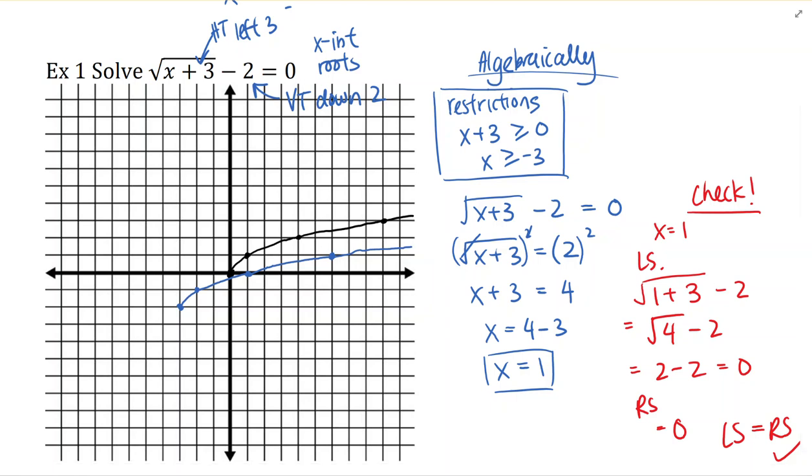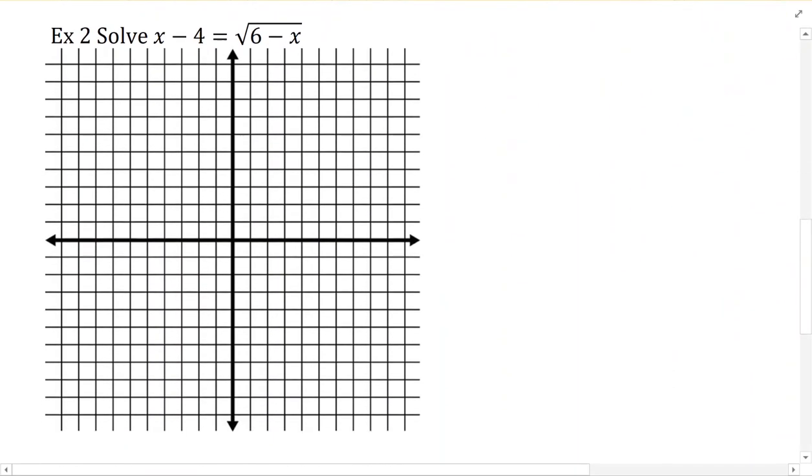Since we are looking for the x-intercept or roots, this point is the one that we're looking for. And this value here is indeed x equals 1, which matches what we found algebraically. So now there are basically 2 ways of looking at the same answer. All right, moving on to the next example.